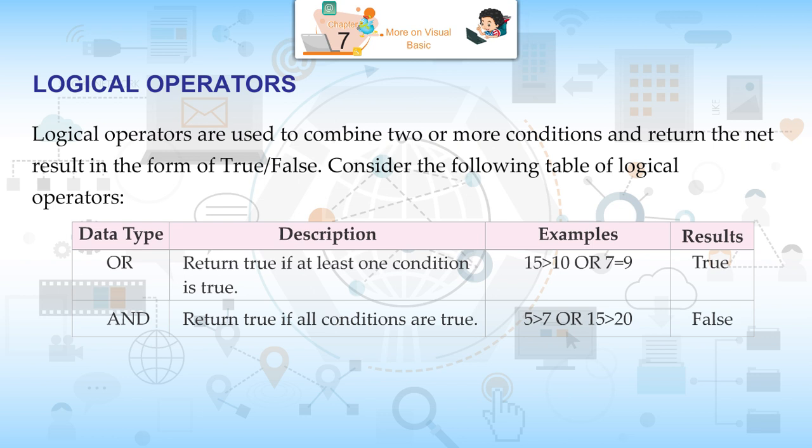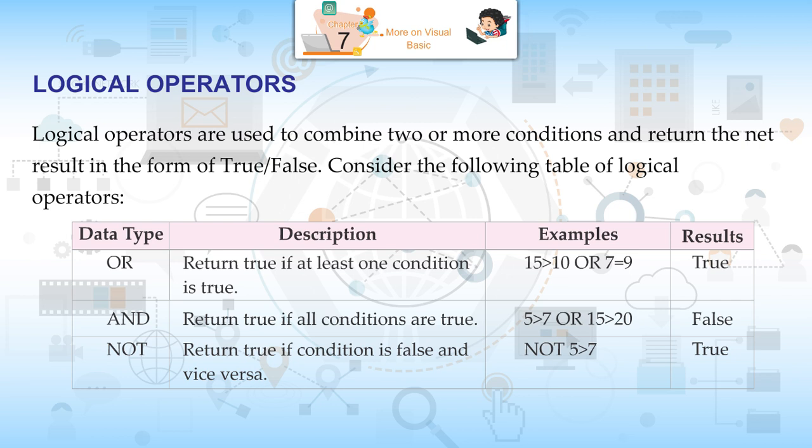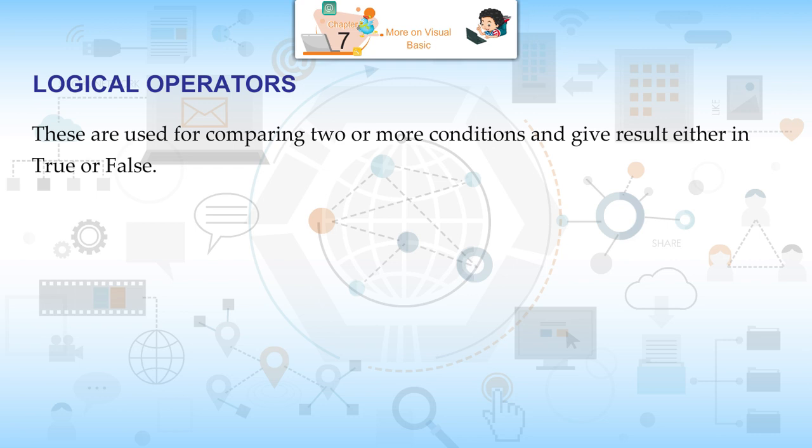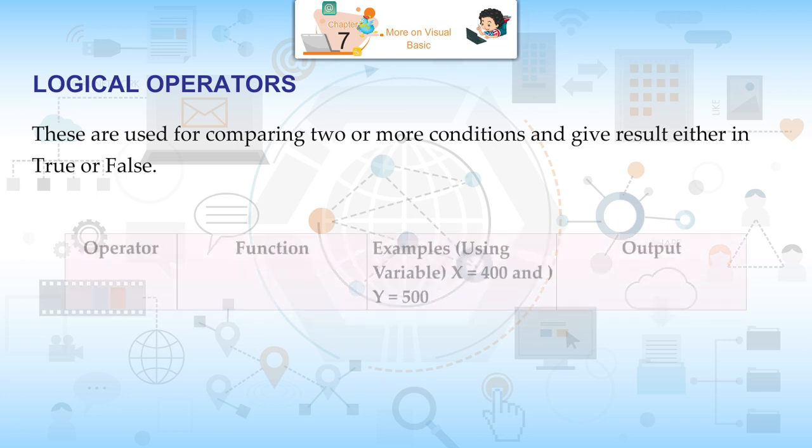5 is greater than 7 and 15 is greater than 20, false. Not. Returns true if the condition is false and vice versa. Not 5 is greater than 7, true. Logical operators are used for comparing two or more conditions and give the result either in true or false.